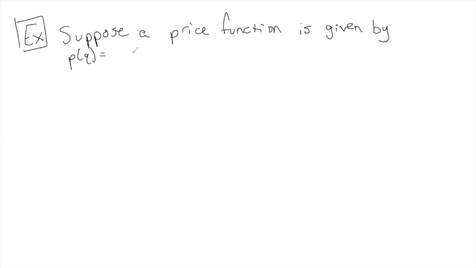So suppose a price function is given by P of Q, Q meaning quantity, equals -1/8 Q plus 18 for widgets, whatever these things are that we're selling.